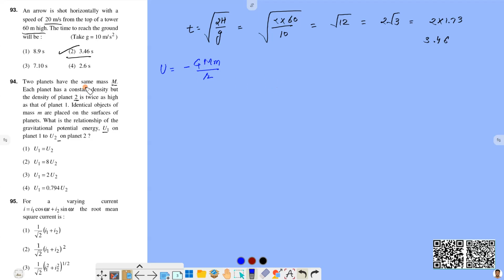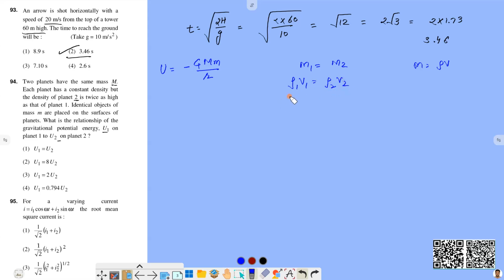So as per mentioned, both have the same mass. So we can say M1 is equal to M2. Now we have the density relation, and if both have the same mass, it means there will be a difference in the radius. Their radii will be different. And in terms of mass, we can write mass is equal to density times volume. So this will be rho 1 V1 is equal to rho 2 V2.